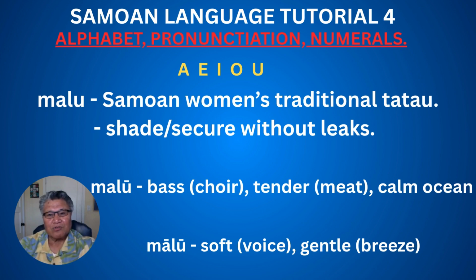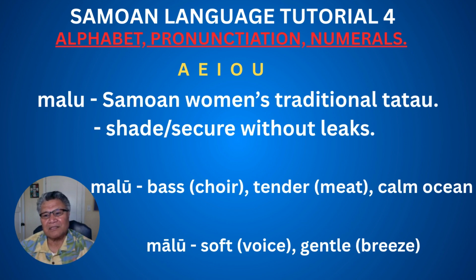When the ocean is gentle and you're sailing and you see that the ocean is really smooth, like oil, that's malu. Malu le tai, the tide is smooth. And malu is also soft, tender.